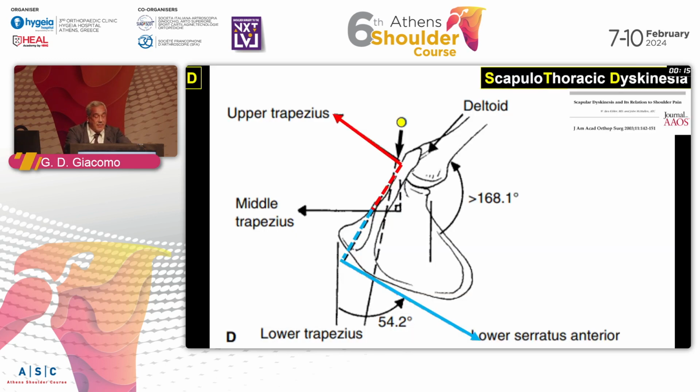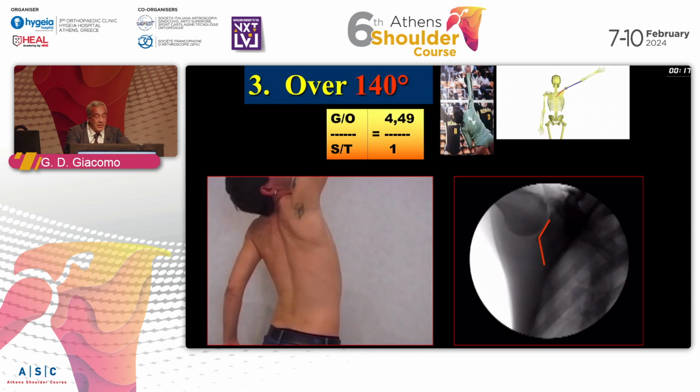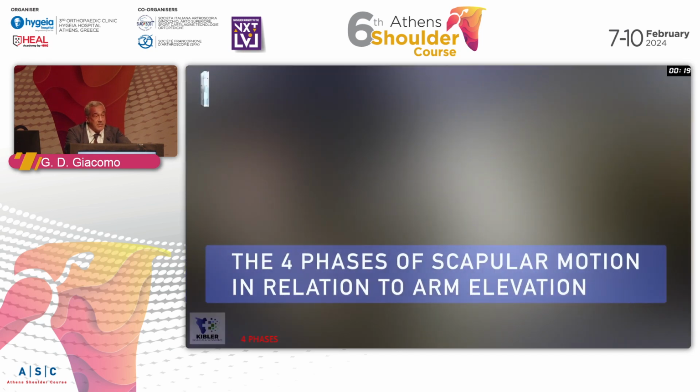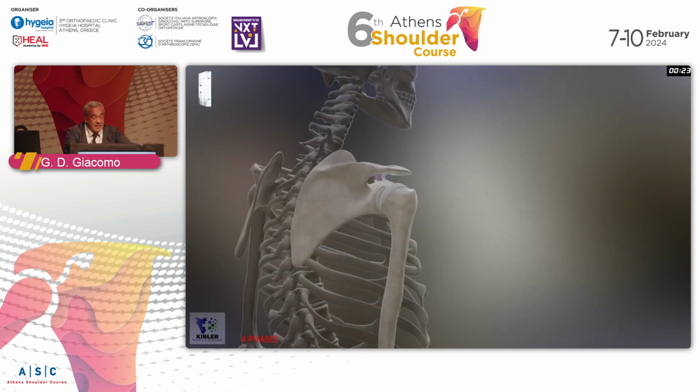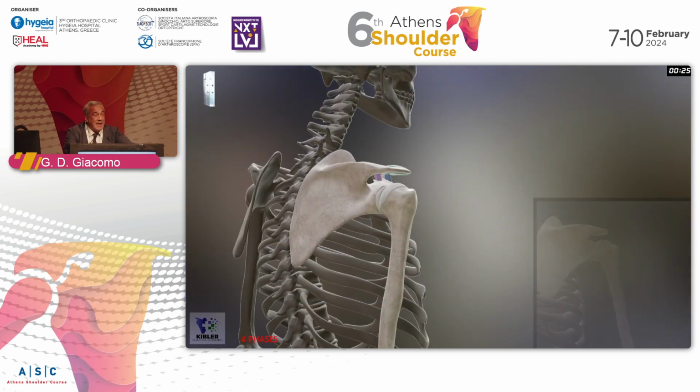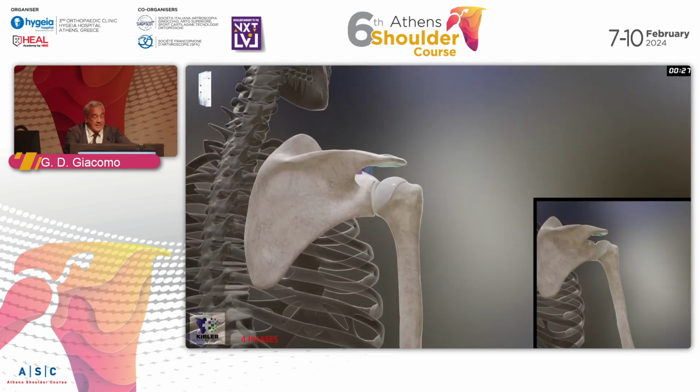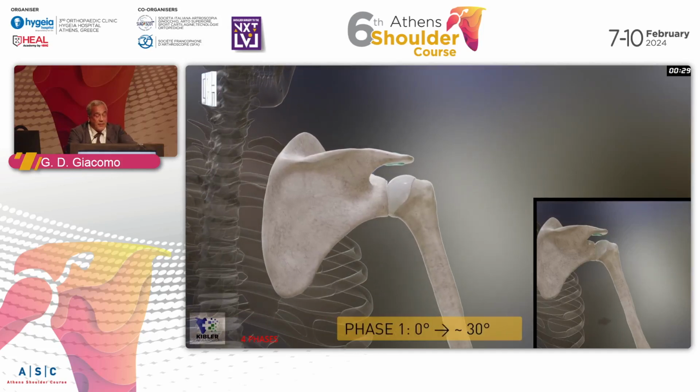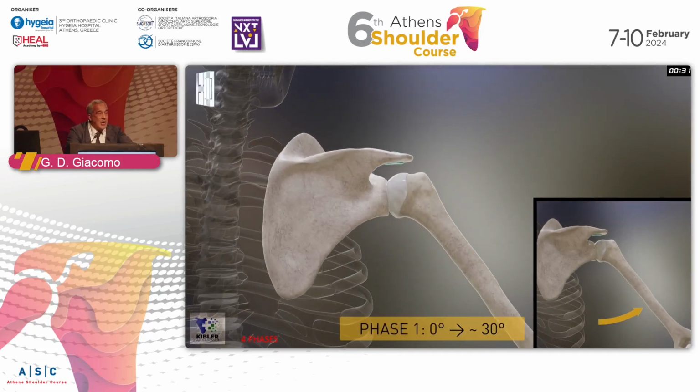And I would like to focus the attention with you on this last video that for me is very important. I did this video with Ben Kibler, who is a friend of mine for many years, and we divided the scapular movement into 4 phases. This is the 4th phase, where of course there is a movement, I can say only of the humerus, under 30 degrees.